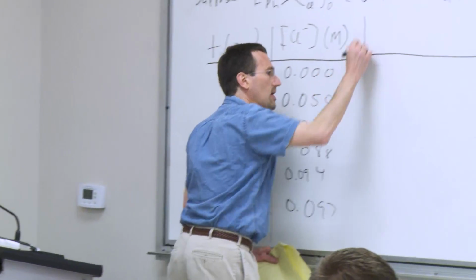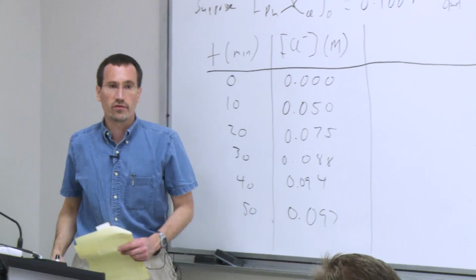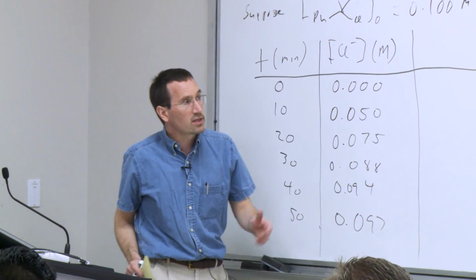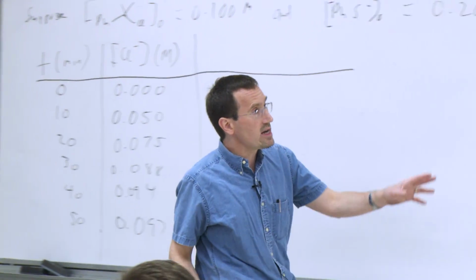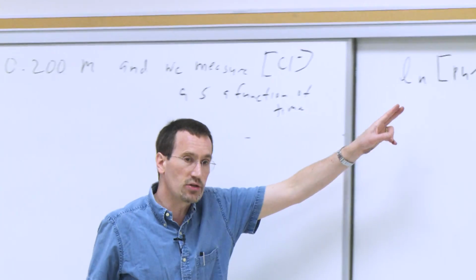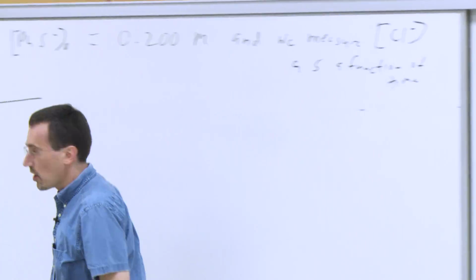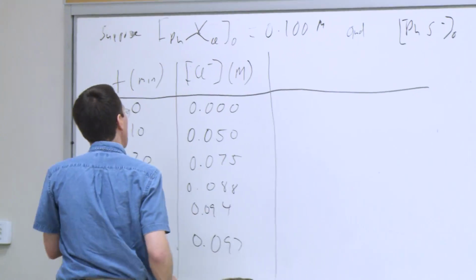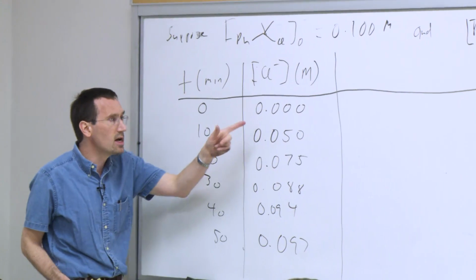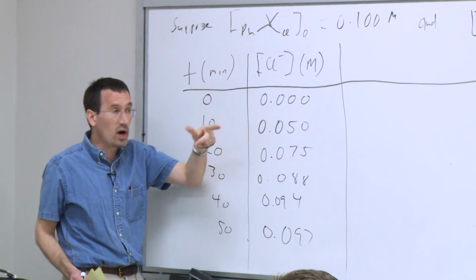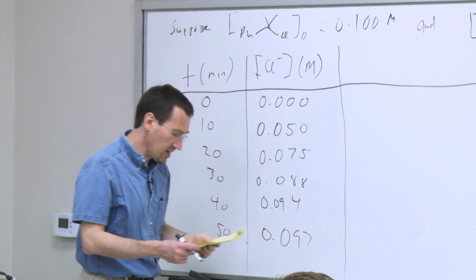All right, so let's say we're measuring concentration of chloride, but we want to apply to our rate equation the concentration of reactant. So I can go ahead and say, all right, the concentration of reactant, it's forming chloride, so it's going to be 0.1 minus the concentration of chloride.